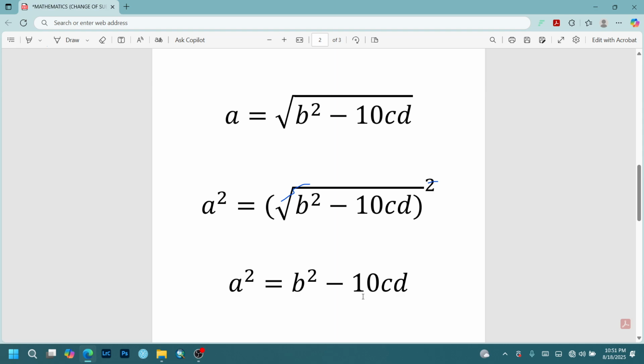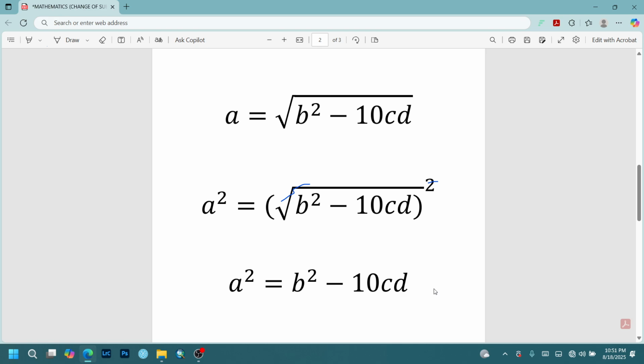So we have to move negative 10CD, where C is located, to the other side of the equation, and C is located in a negative zone because it's negative 10CD.